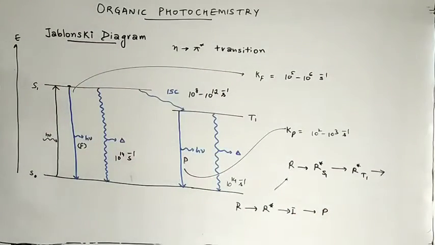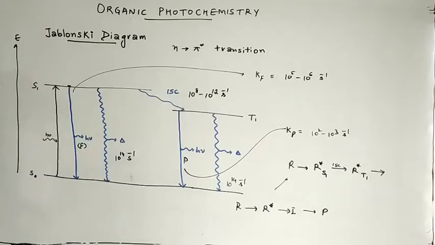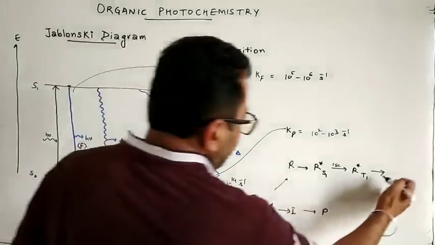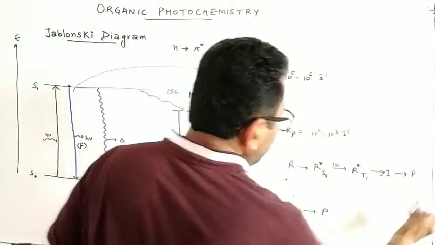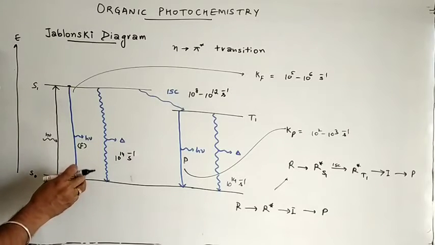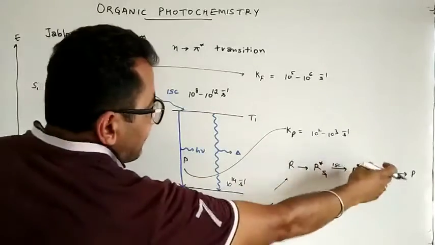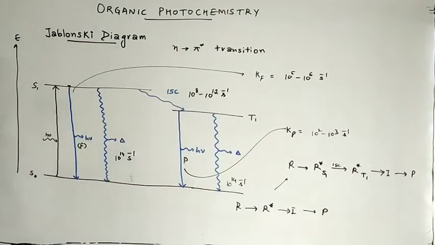First it reaches the singlet S1, then by undergoing ISC, it changes to R star T1, which ultimately gives I, then gives P. So we expanded the mechanism a little bit more. Any compound which is given, when radiated, reaches S1, may change to T1, then gives I, and then gives the product.